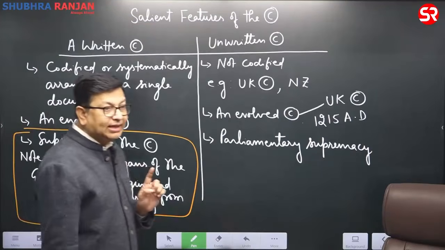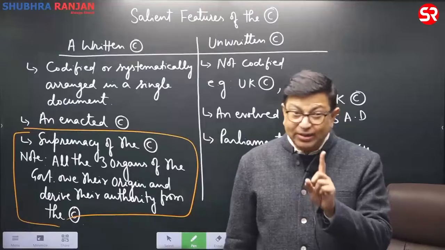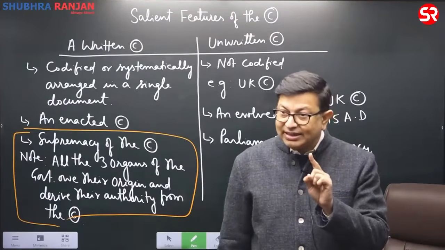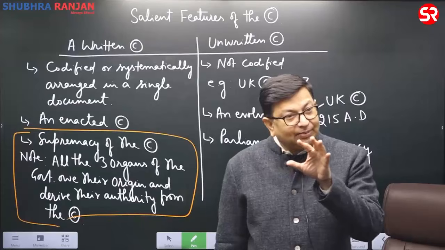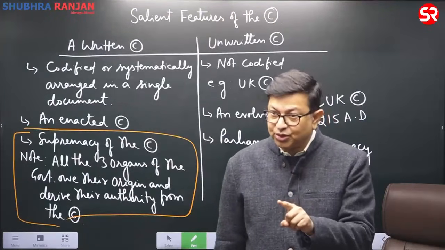So basically here, no doubt, in the law making process the parliament may be supreme, but it is not sovereign. The power of the parliament is limited by the provisions of the constitution.